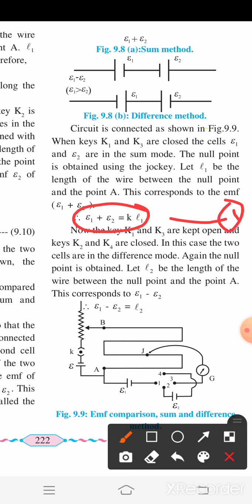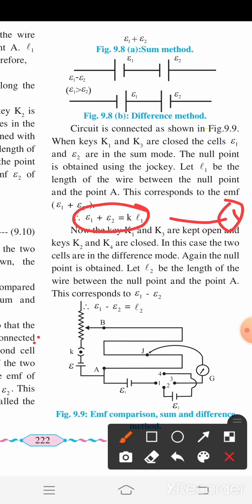After that, we close keys K2 and K4, open keys K1 and K3, and touch the jockey at different points of wire AB. We get a single point at which the galvanometer shows zero deflection, that is the null point. In this case, the two cells are in the difference mode and we get the balancing length L2 between point A and the balance point or null point.